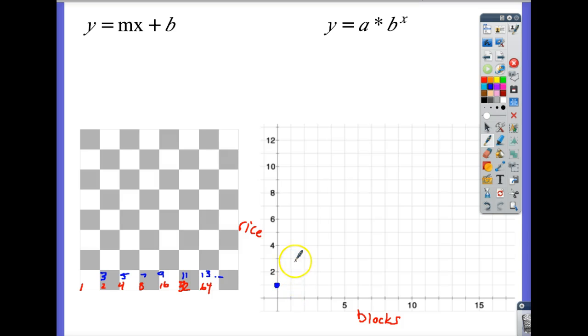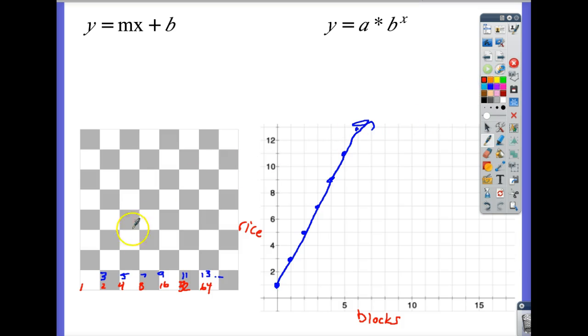So the next block will be 3, the next block will be 5, the next block 7, and so on. Every time we move over 1 block, we gain 2 more. So that is going to be a line.